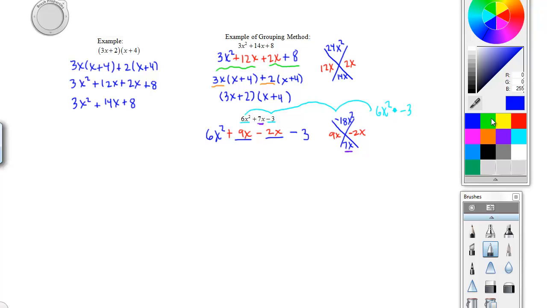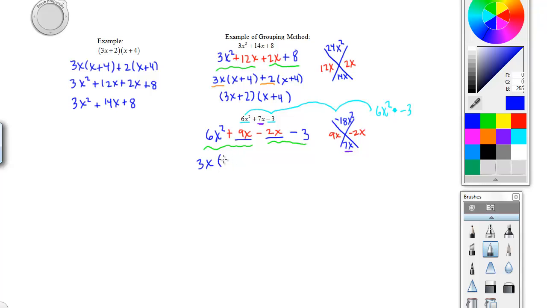So now I'm going to take these two first terms and factor them, and these and factor them. So the number that goes into 6 and 9, the greatest common factor is 3, and x squared and x, the greatest common factor is x.